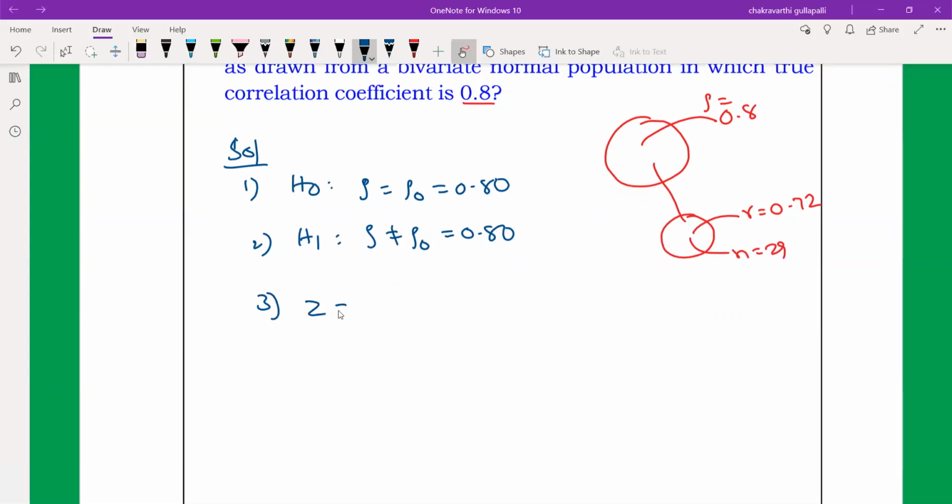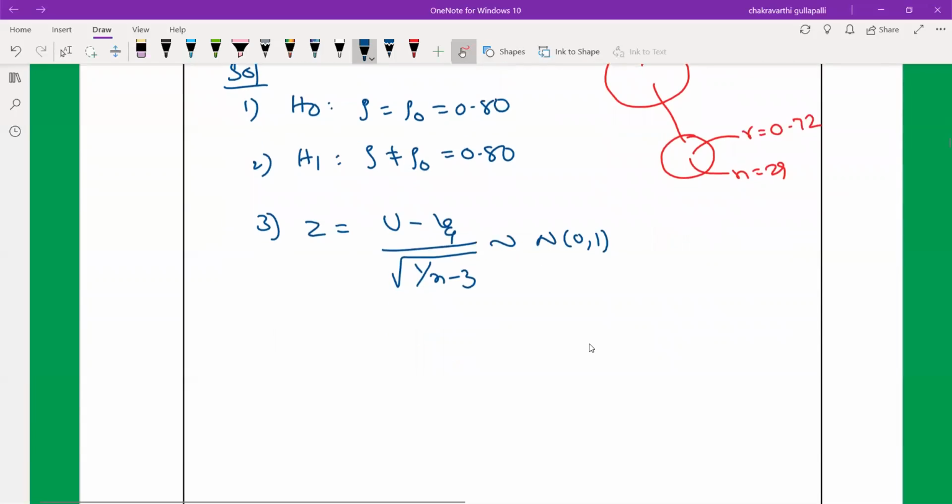The formula is Z equals U minus xi divided by square root of 1 by n minus 3, which follows N(0,1). First of all, calculate the U value. What is the U formula? U equals 1 by 2 log base e of (1 plus r) by (1 minus r).